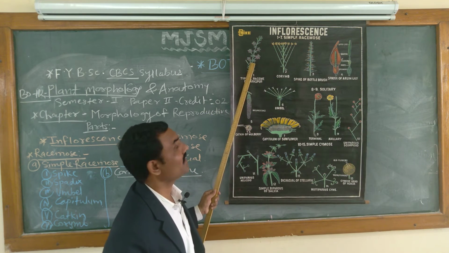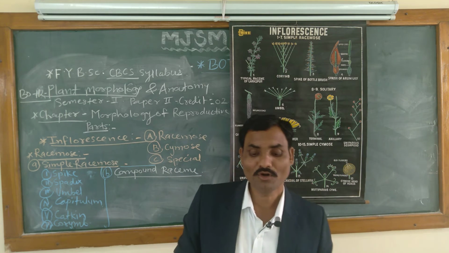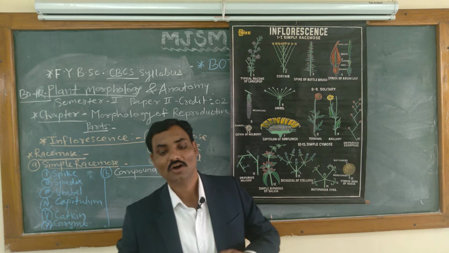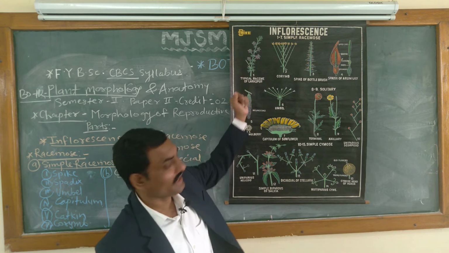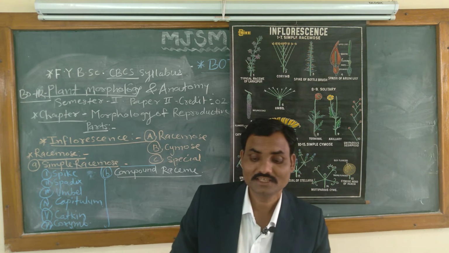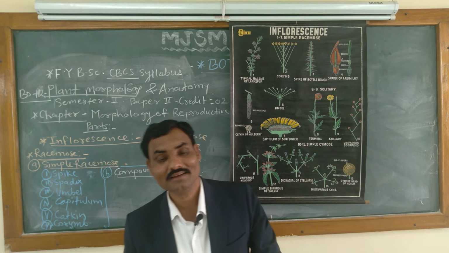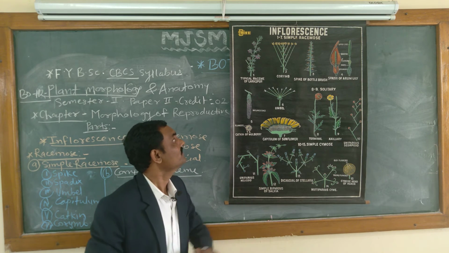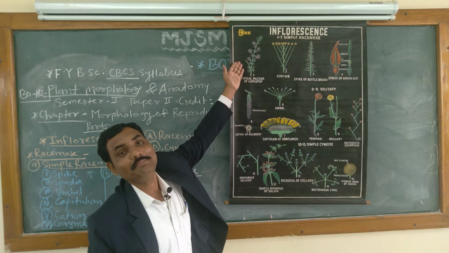The first flower opens first and gradually progresses upwards or toward the center. This opening of flowers is called acropetal or centripetal order respectively.